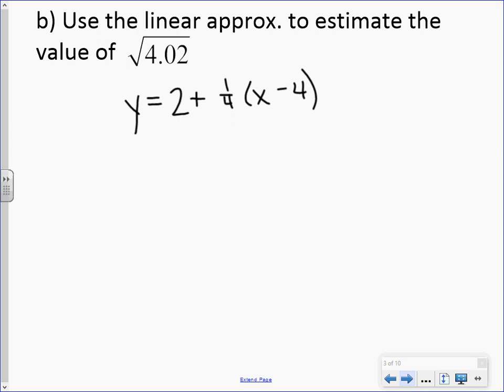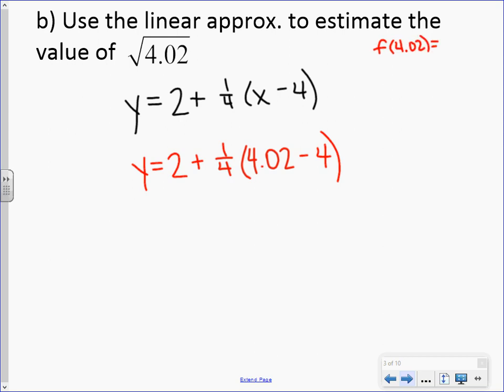So what we can do is we can plug in what for x? We can plug in 4.02 because that's the x value for our function. Okay? And 4.02 is the square root of 4.02. Okay? So if we plug that in, can we make that calculation without our calculator?